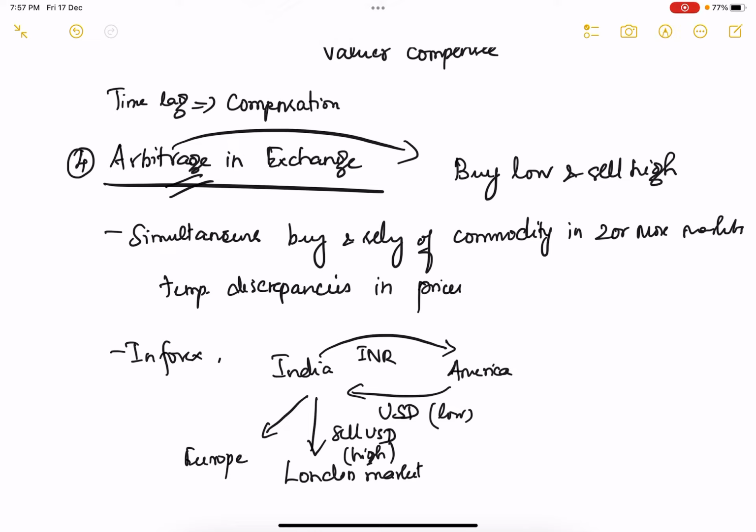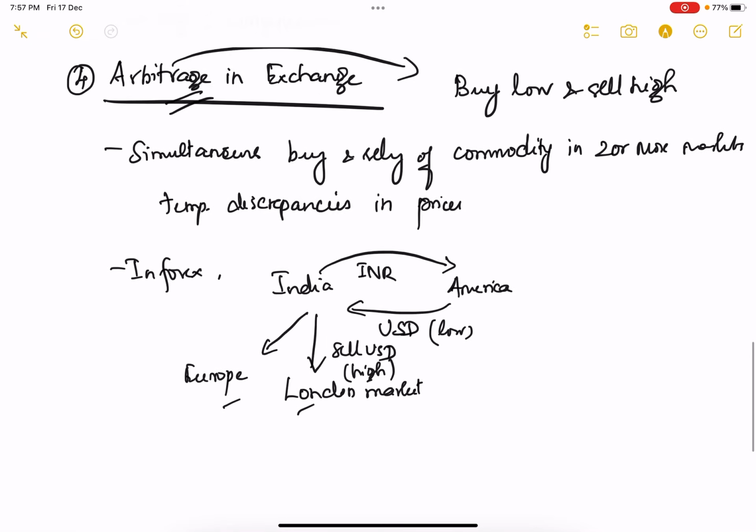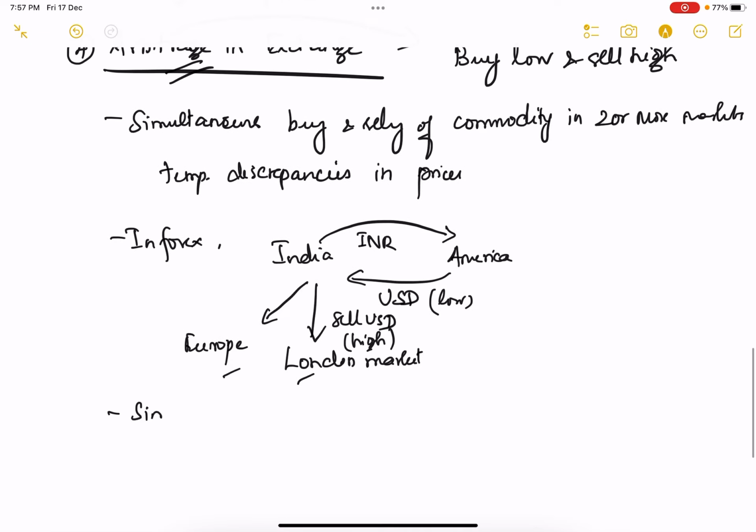So here additional centers are also involved. So there come two definitions. Simple or direct arbitrage is nothing but a transaction conducted between two centers, that is between India and London.